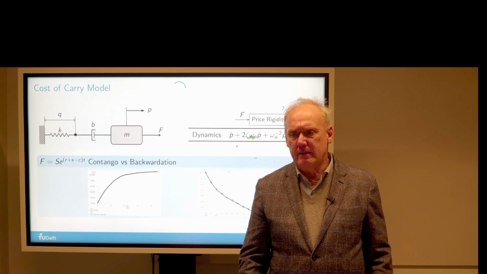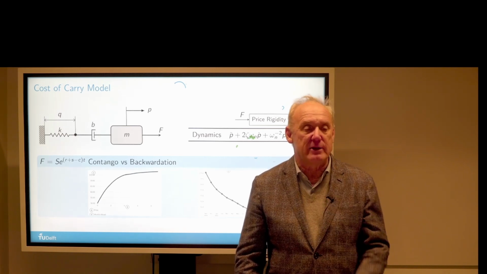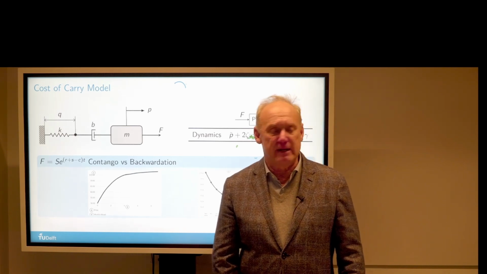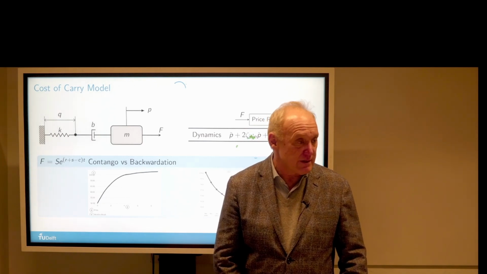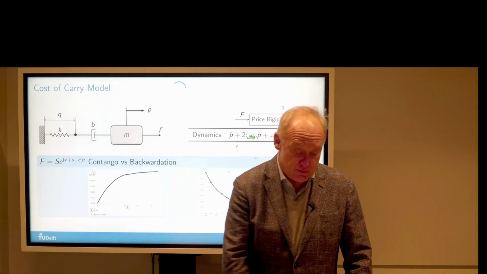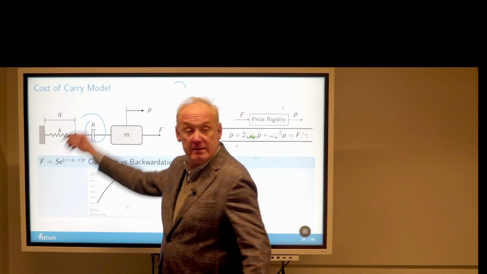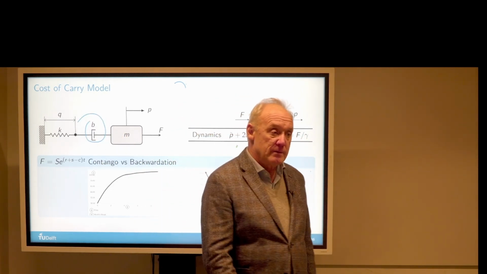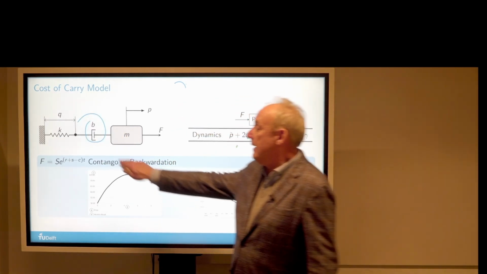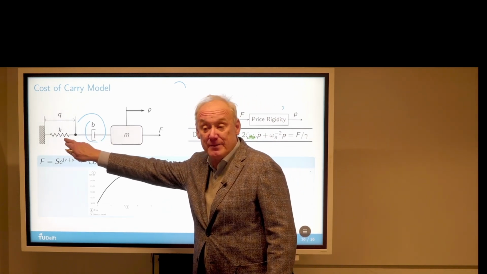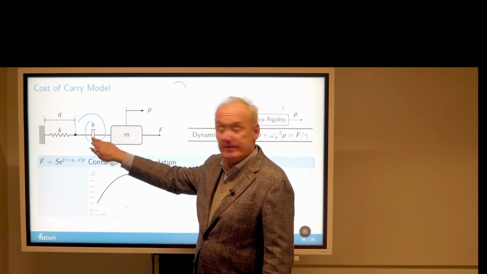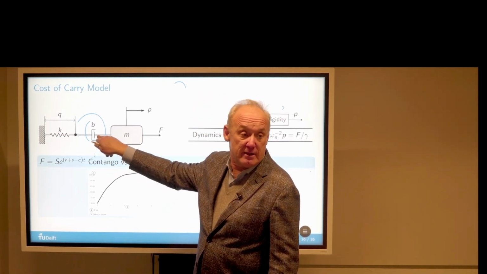So what I need to know is my cost of storage, and if I know that, I'll be able to do this, all right? And the cost of storage is this guy here. This is your storage, and this guy here tells you what the costs associated with that storage are.